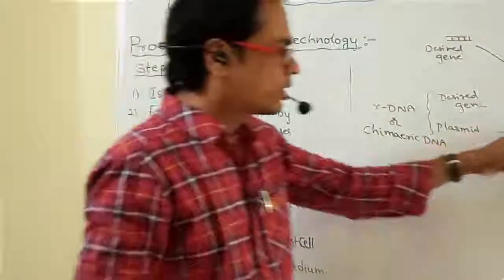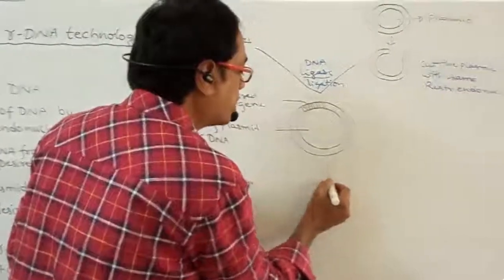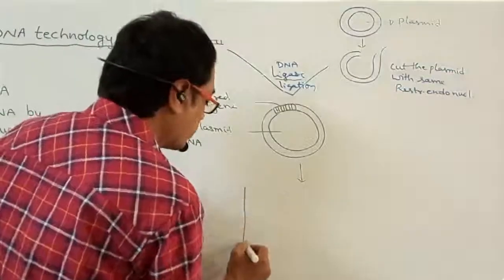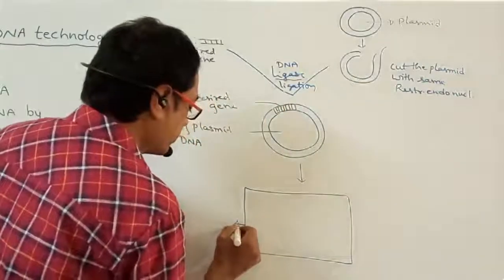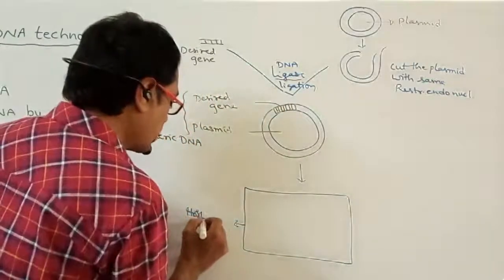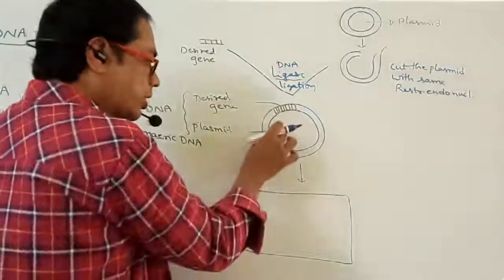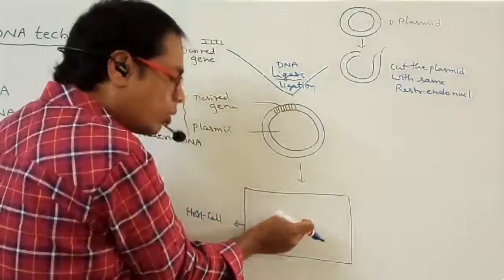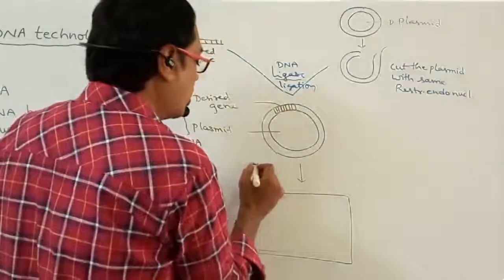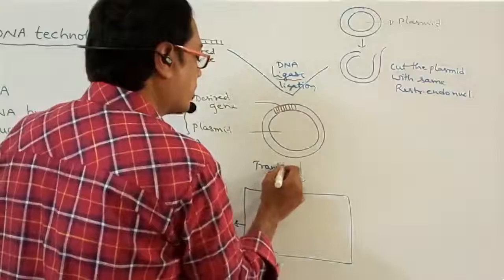Next, insertion of rDNA into the host cell. This rDNA should be inserted into the host cell. This is the host cell. This is the naked DNA. It should be transformed into the host cell by a process called transformation.